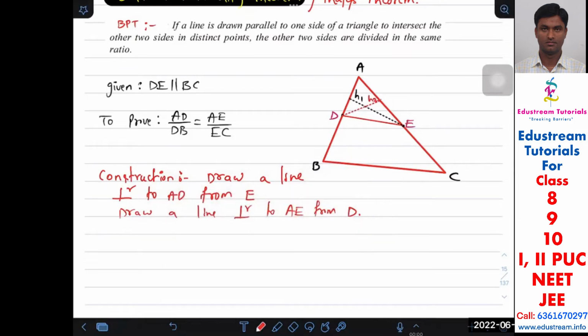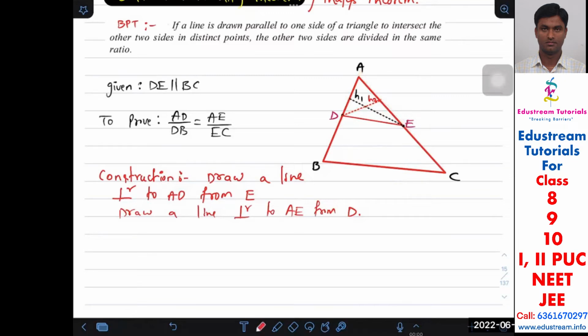So there are two lines, H1 and H2. H1 is a perpendicular from E to AD, and the other line is perpendicular to AE drawn from the vertex D. These are the constructions.